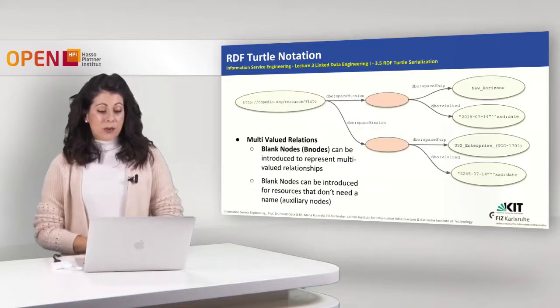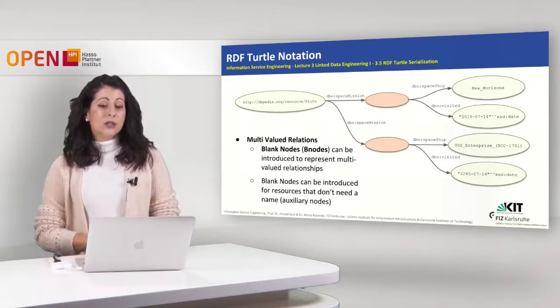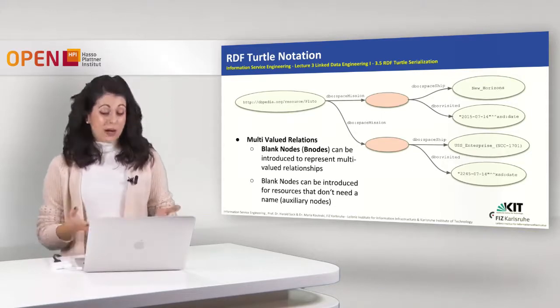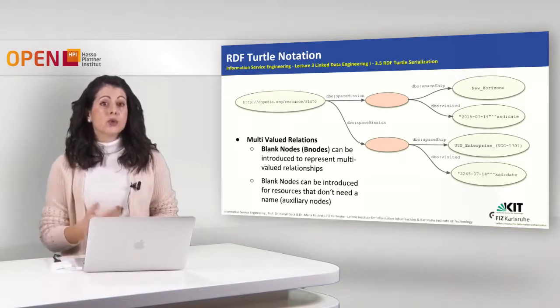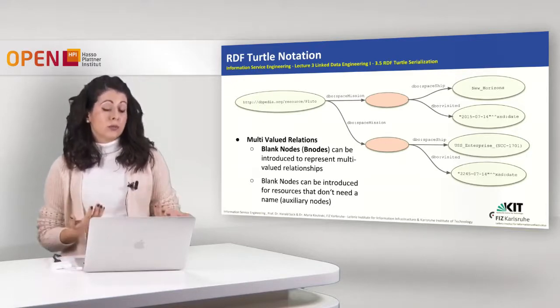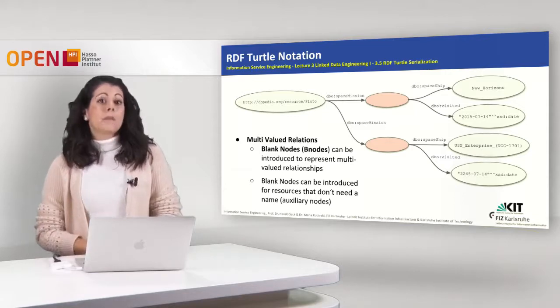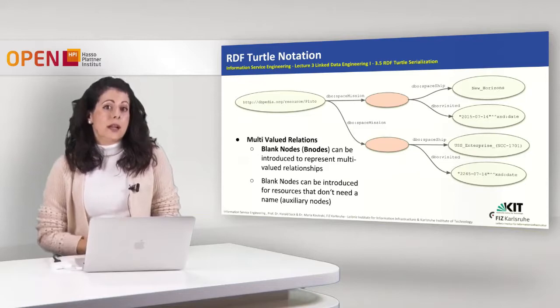To solve this problem, RDF Turtle uses blank nodes. Do you remember the blank nodes from the previous session? Blank nodes can be introduced to represent resources that don't need to have a name, but in this case they can be introduced to represent multi-valued relationships.